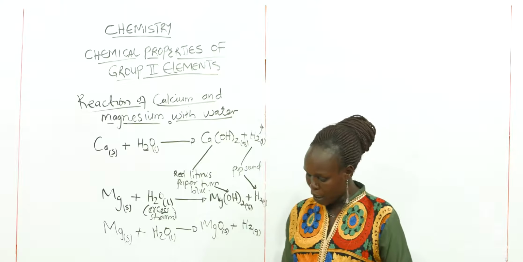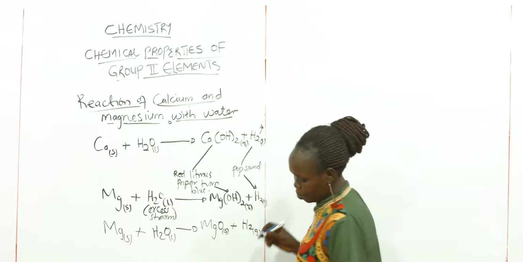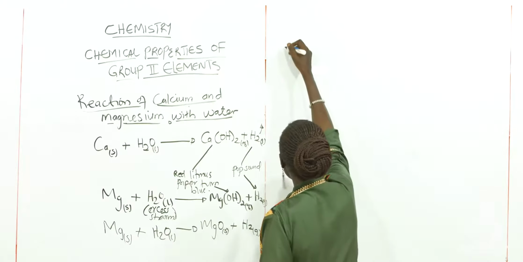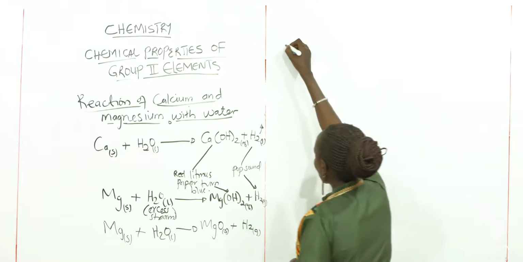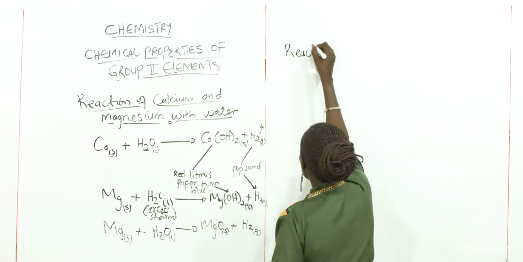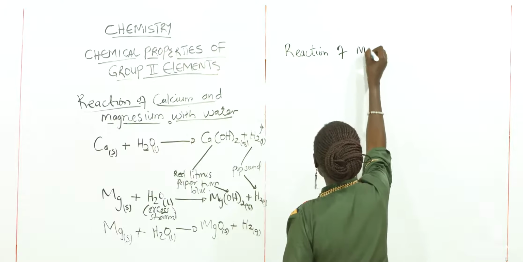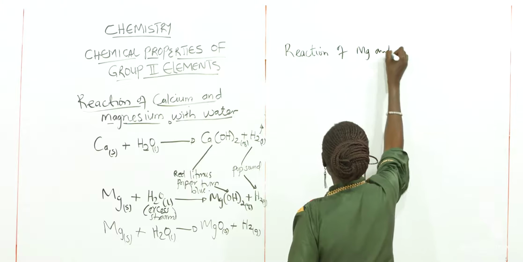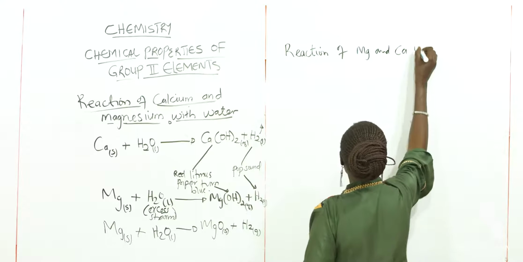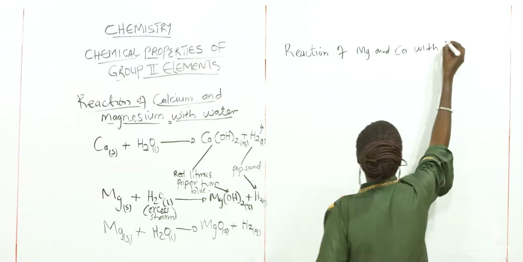So we are going to have the reaction of magnesium and calcium with chlorine.